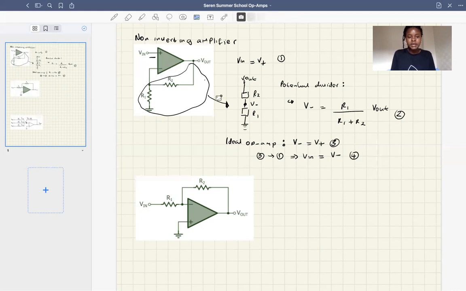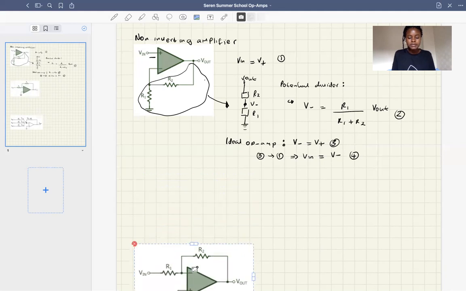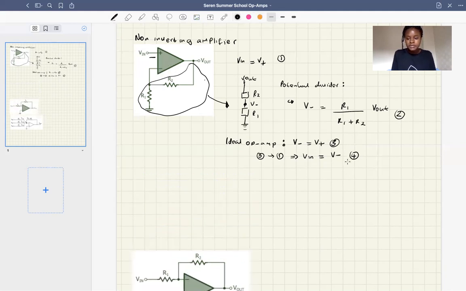I'm just going to move this other diagram to the bottom. We label this equation 4, this here. We can then substitute equation 4 into equation 2. Put 4 into 2, and we get that V in is equal to R1 over R1 plus R2 times V out.